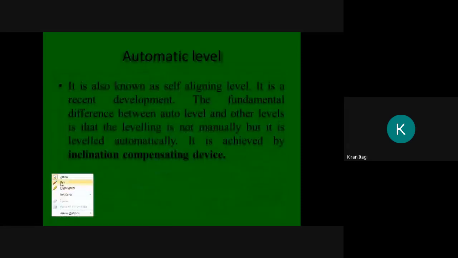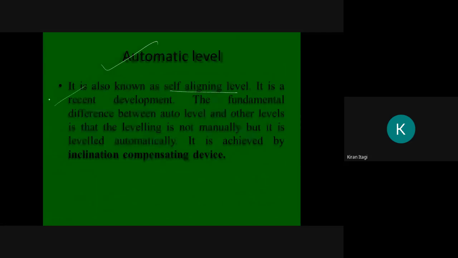And this one is important. Auto level is known as a self-aligning level. It is recently developed. Nowadays what we are using is all about the auto level. You can call it an automatic level. The fundamental difference between auto level and other levels is that the leveling is not manual, but is done automatically.